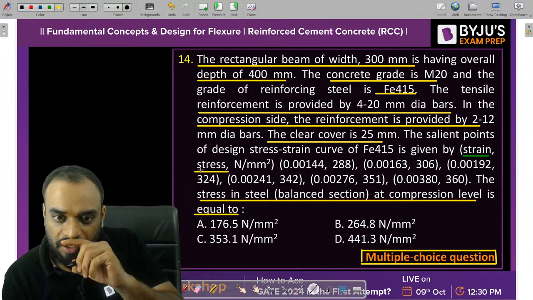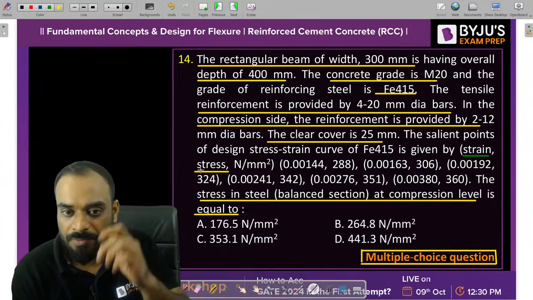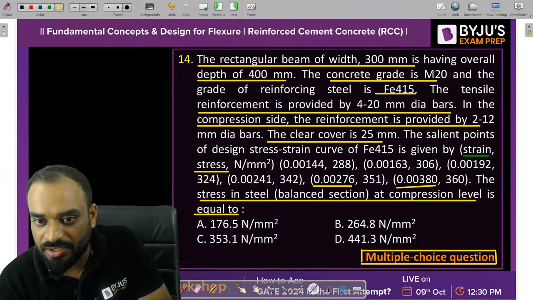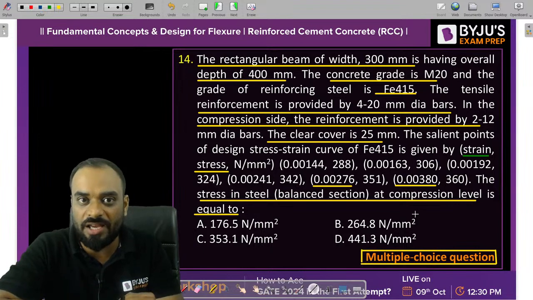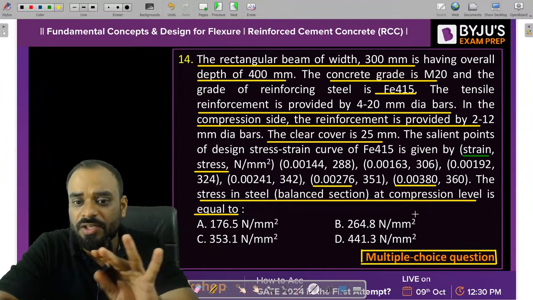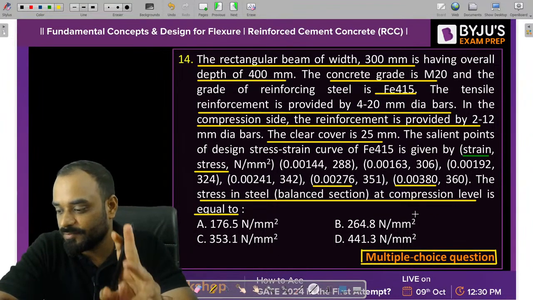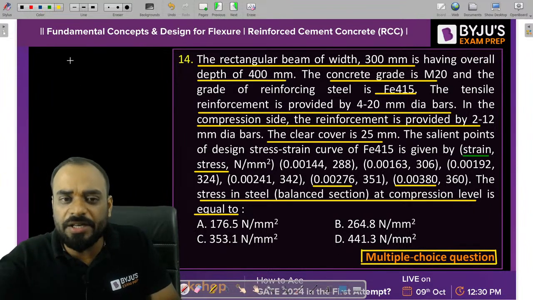Now let's understand in which particular range our value will lie. You can see, guys, this is the value of strain and this is the value of strain. In between these two values, our strain value will lie in the actual condition. Now listen, guys, you don't have to solve it. Just understand what the answer should be. Don't interpolate it, because this is an MCQ type question.